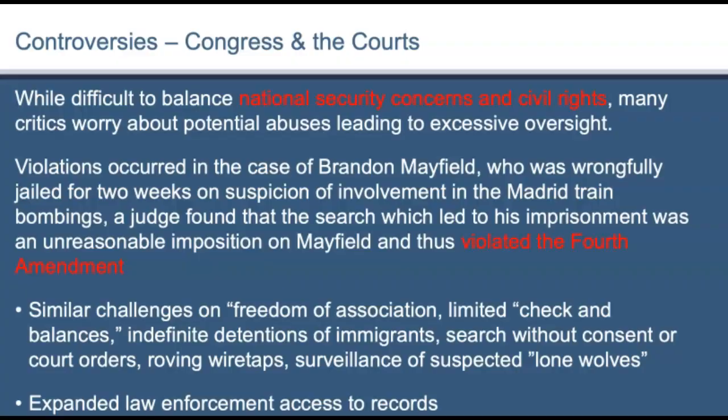All right, so that gave you a little bit of exposure to the Brandon Mayfield case, and you can see that there certainly were other elements going on with the fingerprint examination and so forth, but even getting access to those things really represented an overstep on the Fourth Amendment.